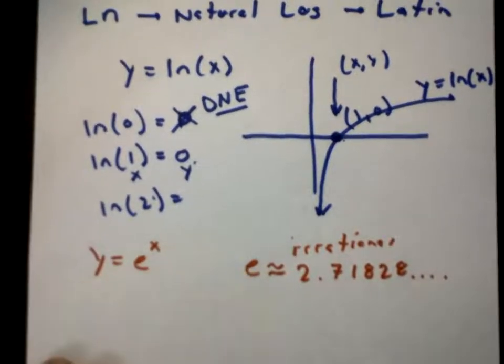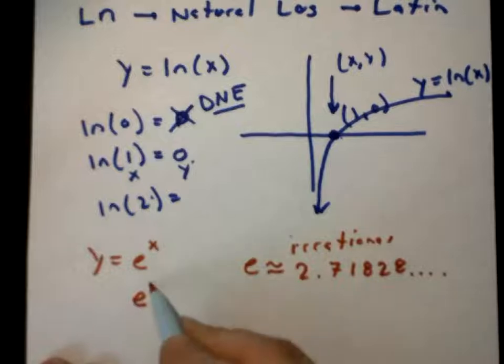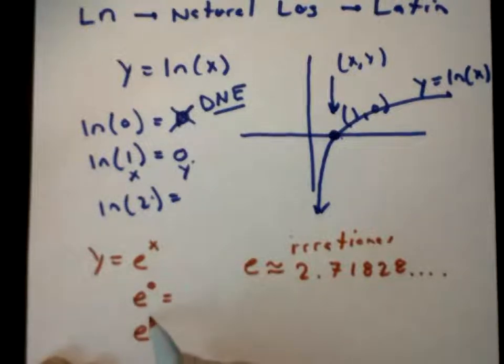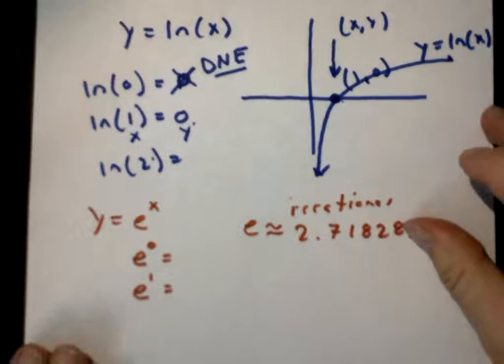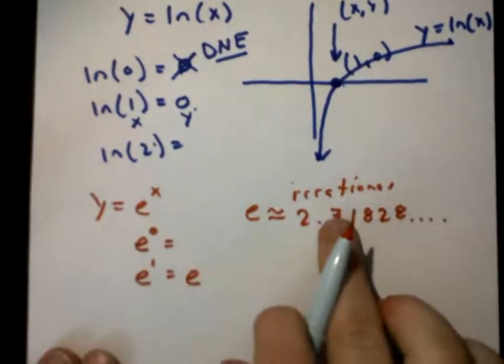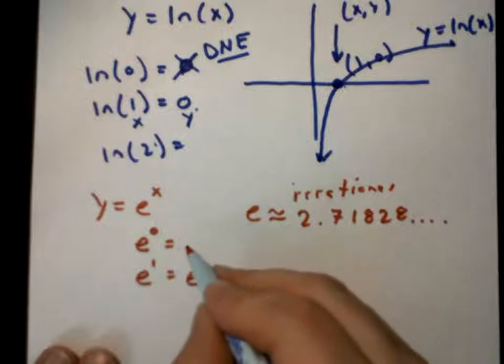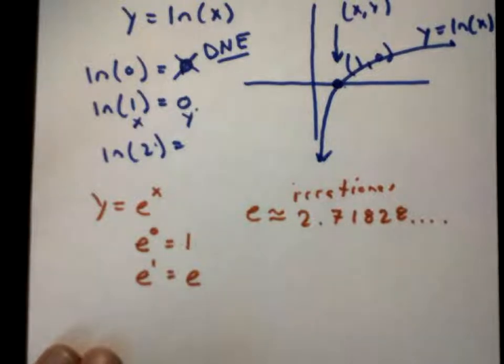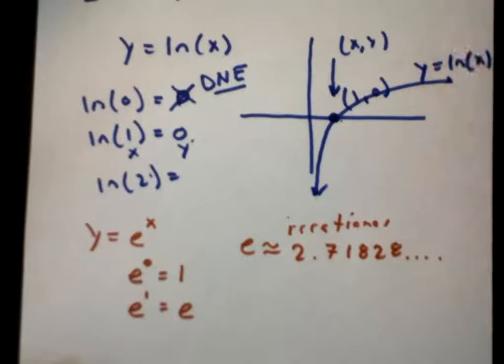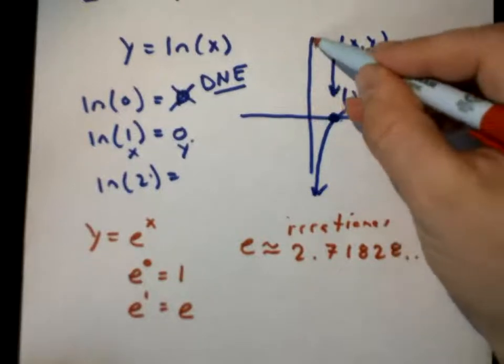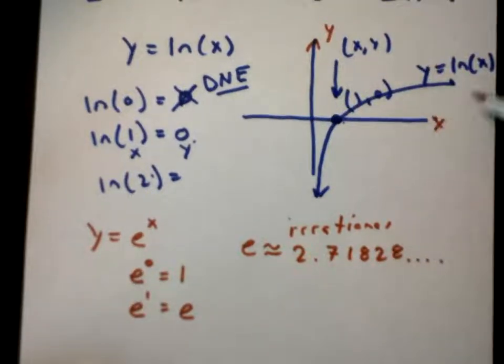If you were to graph this, e to the 1 is just e. However, e to the 0, if you put that into your calculator, is just 1. So that tells me, okay, if I go to my graph up here, remember here's your y, here's your x.